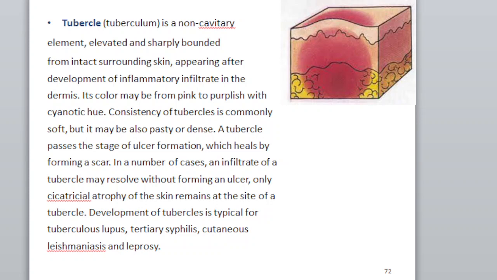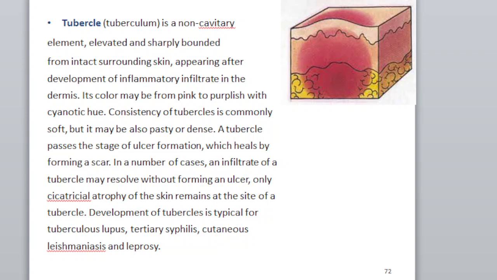Tuberculum is a non-cavitary element, elevated and sharply bound from the intact surrounding skin, appearing after the development of inflammatory infiltrate in the dermis. The consistency of tubercles is commonly soft, but it may also be pasty or dense. A tubercle passes the stage of ulcer formation, which heals with scar formation.